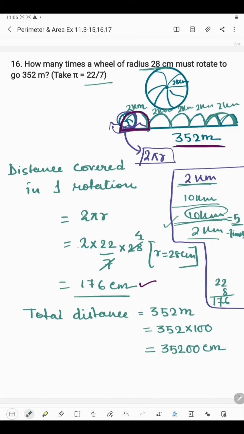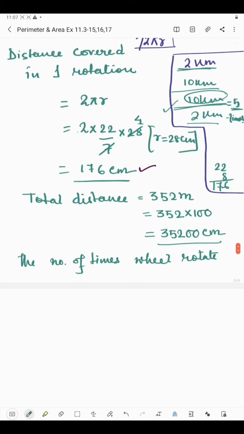Now we need to find how many times the wheel will rotate to cover this distance. So we write the number of times the wheel rotates. We need to divide the total distance.